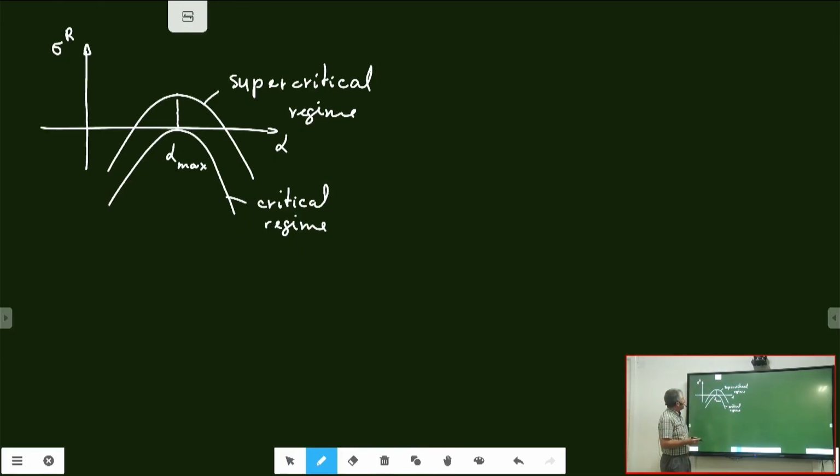So that means that the wave with this wave number, with this wavelength, periodicity, will be growing in time. But then this wave number will also be unstable. A wave with a wave number slightly to the left or slightly to the right will also grow.